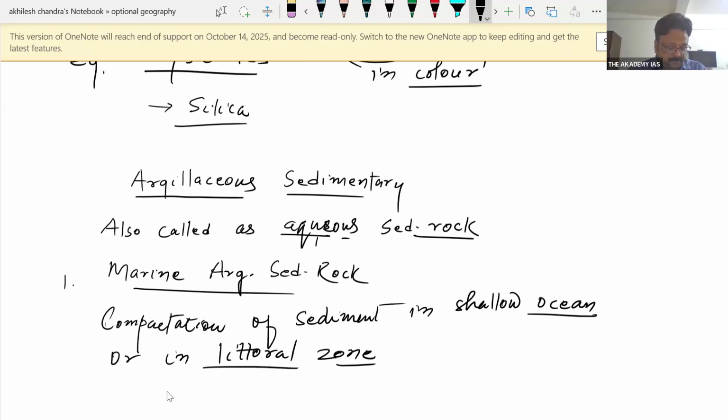This is what we call marine argillaceous sedimentary rock. Fine.